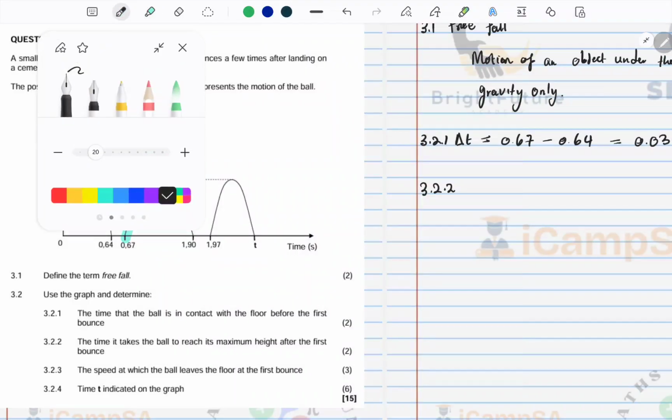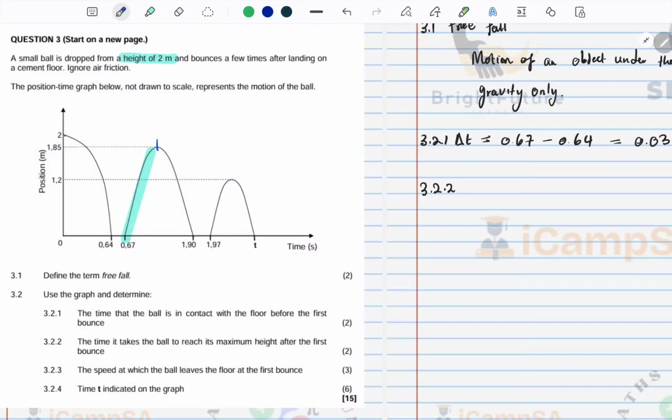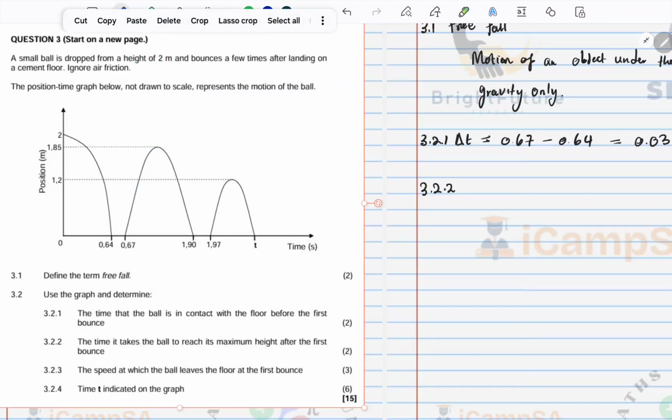So what are we looking for? We're looking for this midpoint here. That's what we are looking for. So we can check what time it took the ball to move from this point until this point here.